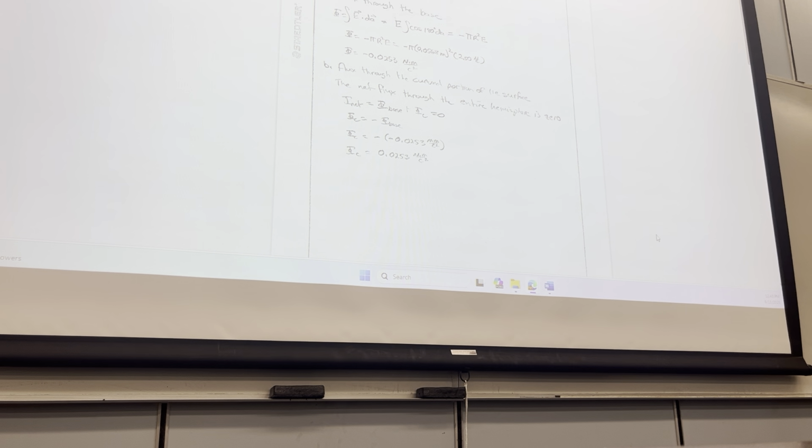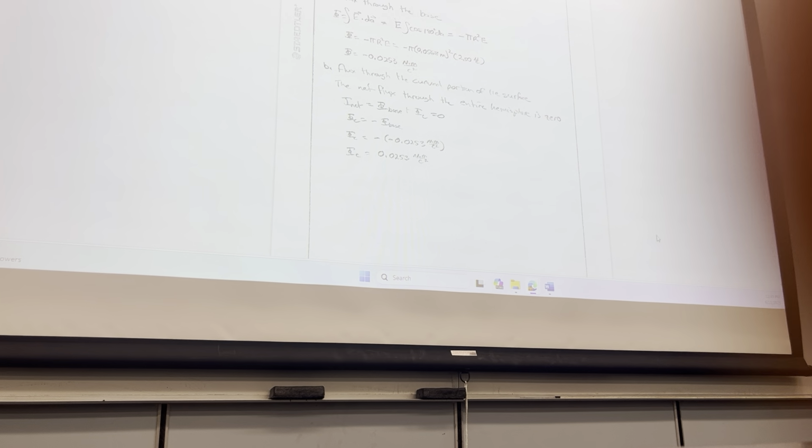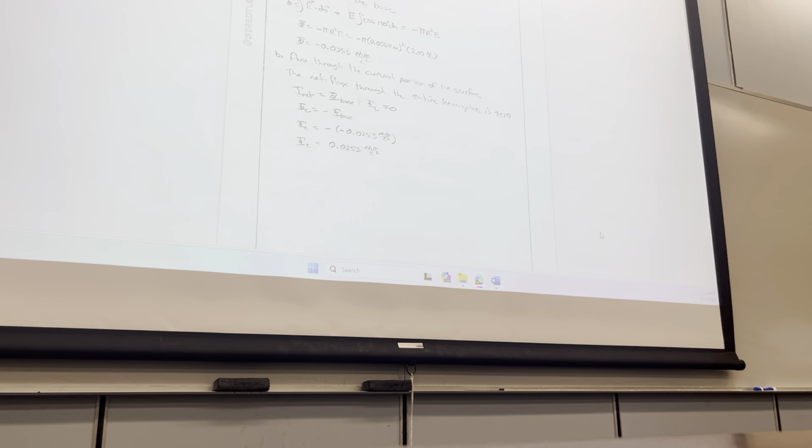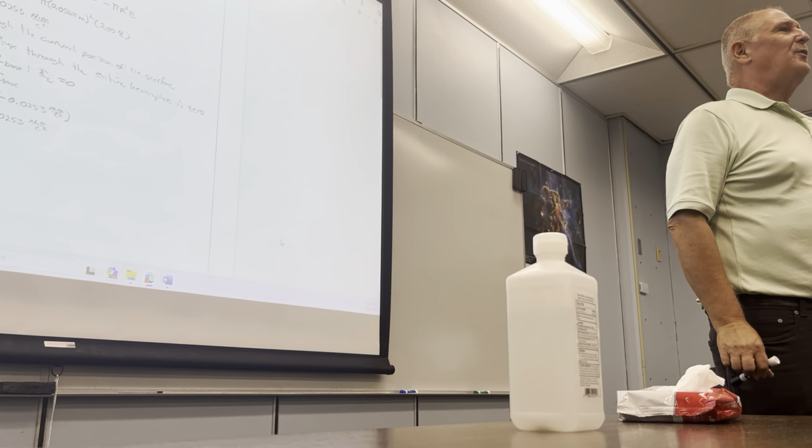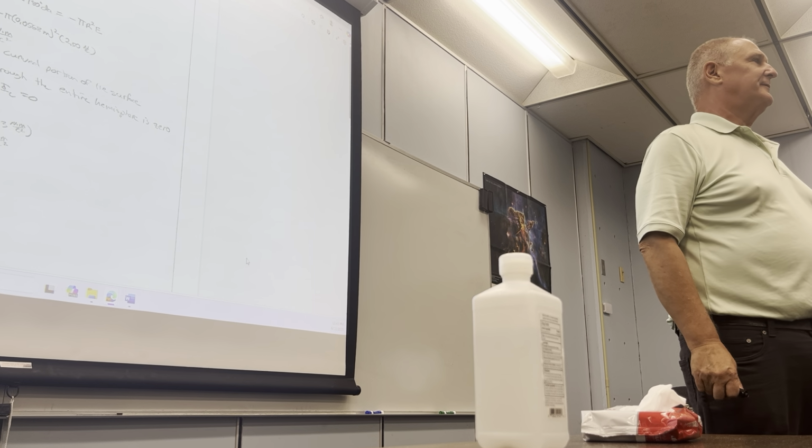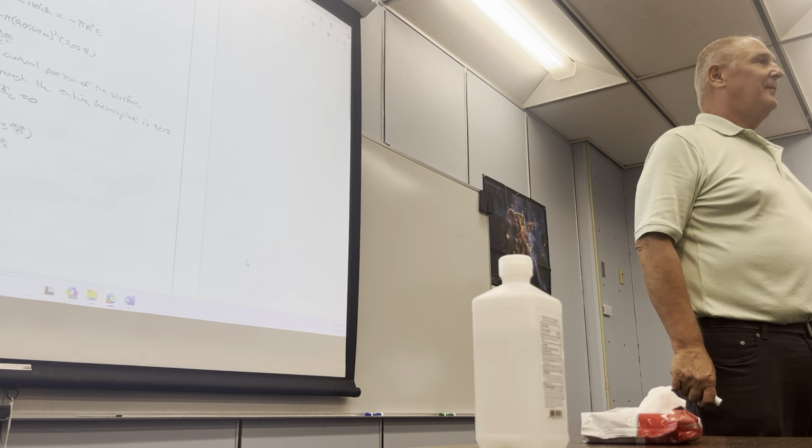So we have our coordinate system, our X, Y, and Z. The electric field is coming through the base and passing right through the entire surface. Why would I ask such a question?